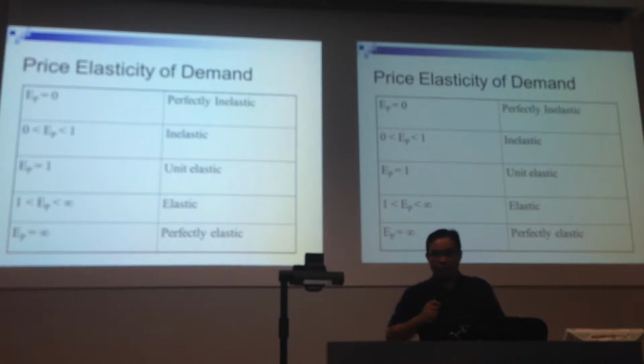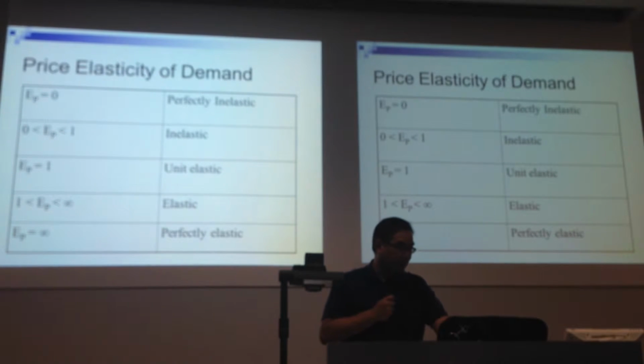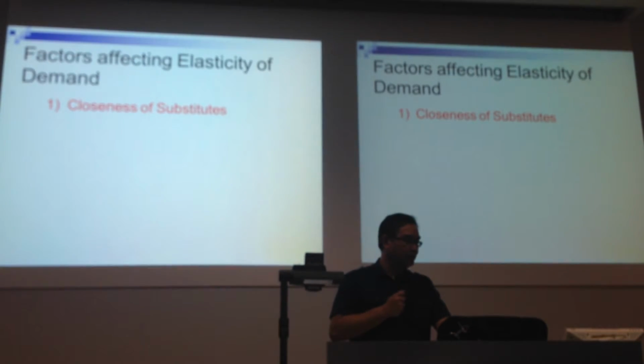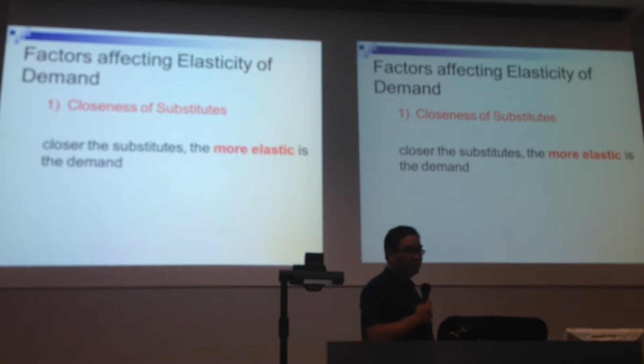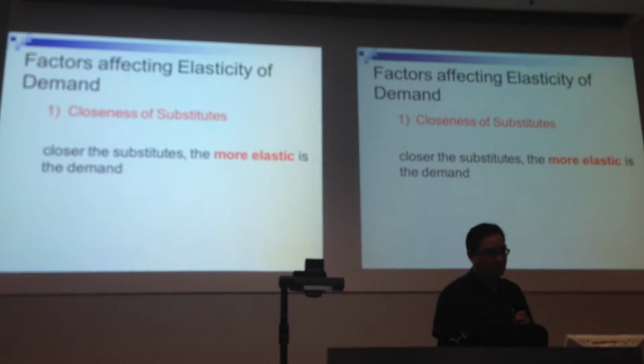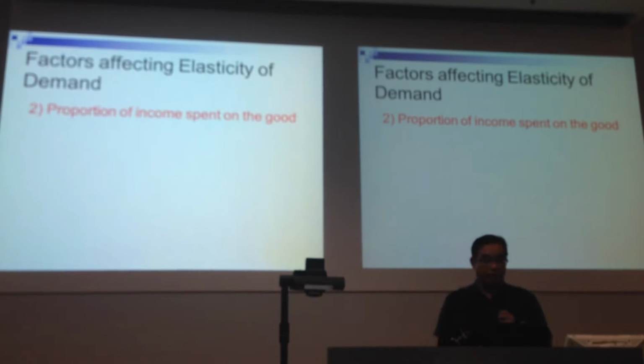Okay. Now, next we look at the factors that affect the price elasticity of demand. Firstly, is the closeness of substitutes. So the closer the substitutes, the more elastic is the demand. Secondly, is proportion of income spent on the good.